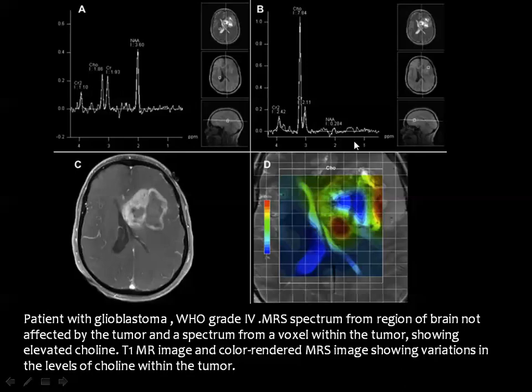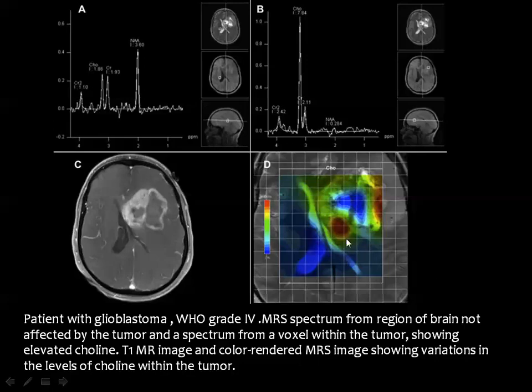Then you can use the MR spectroscopy to have what's known as choline maps. And you can use some software to look where is the high concentrations of choline, which indicate that in these areas of high choline, we are dealing with viable tumor tissue. If you look here, this area represents the highest concentrations for the choline.